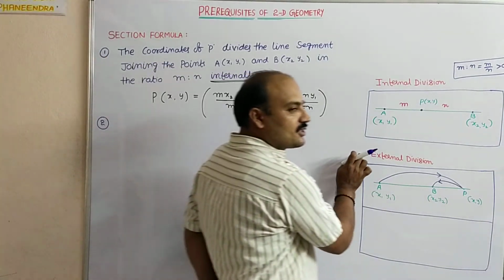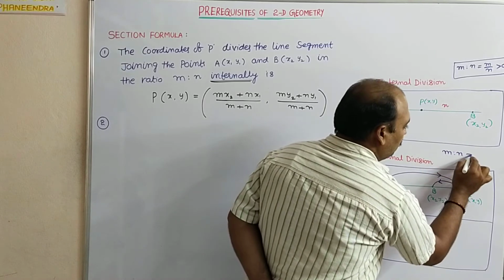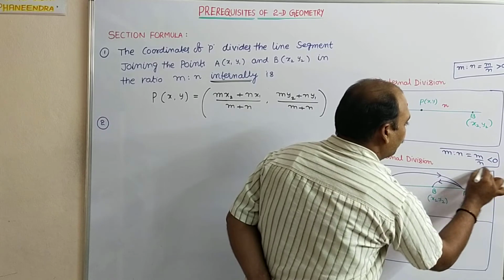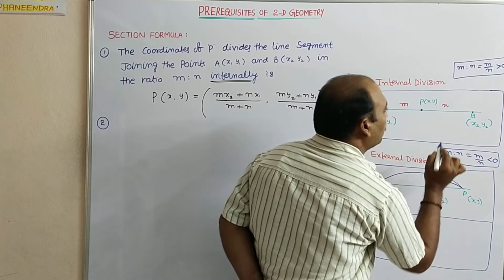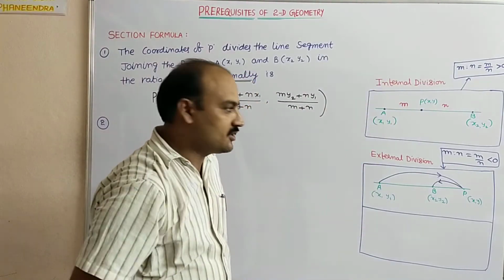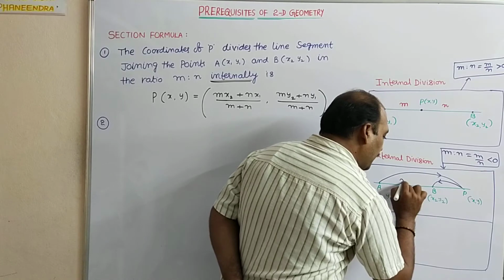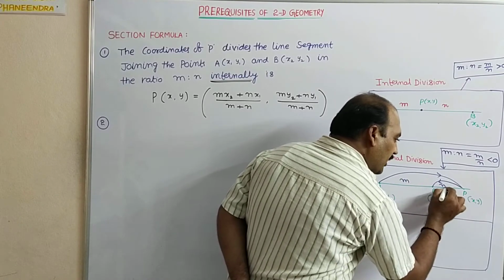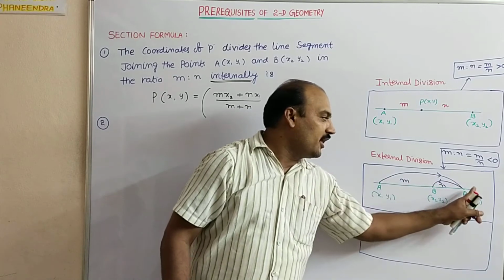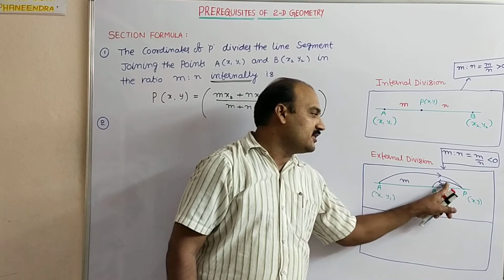If we come to external division, m is to n, that is m by n, is less than 0. According to the direction, from here to here it is m units, from here to here it is n units. Whenever the direction is changing, this is positive direction, this is negative direction. That is the reason m is positive, n is negative.